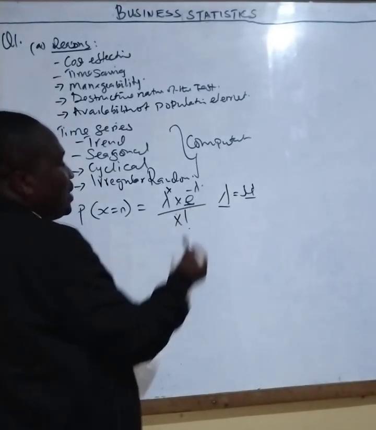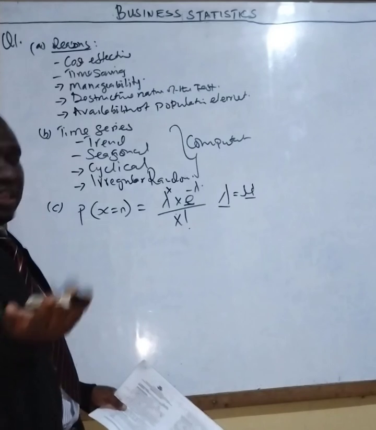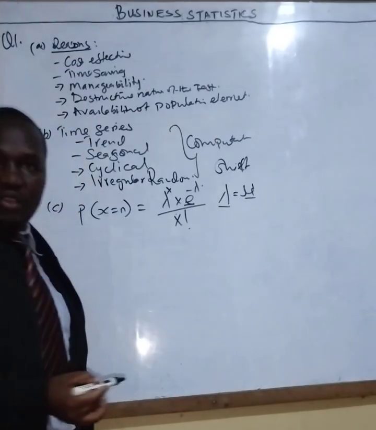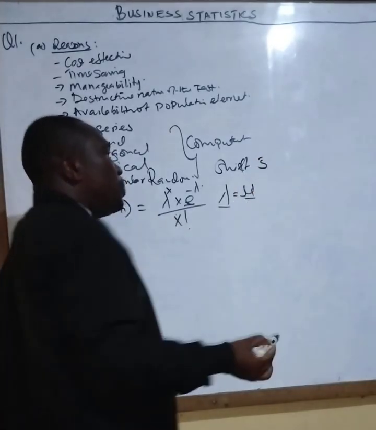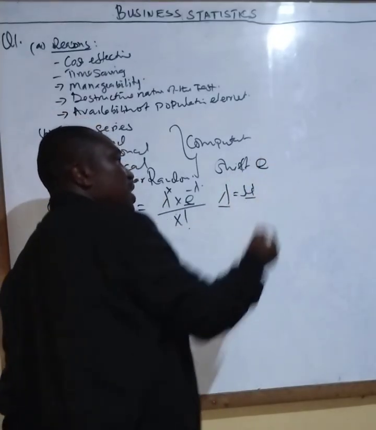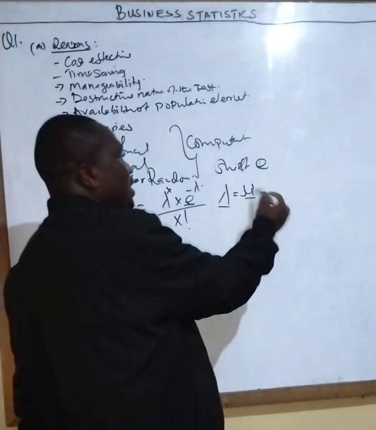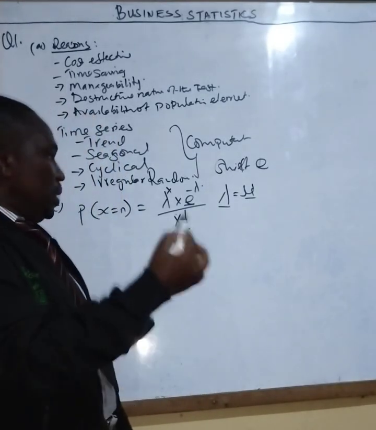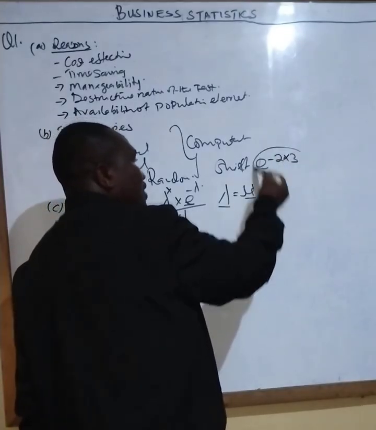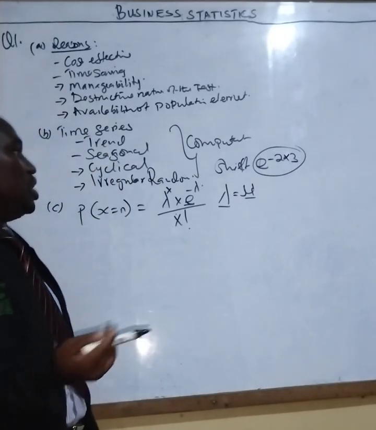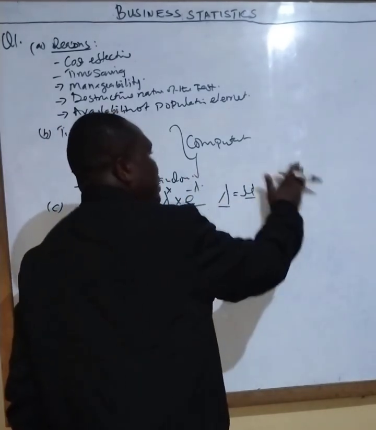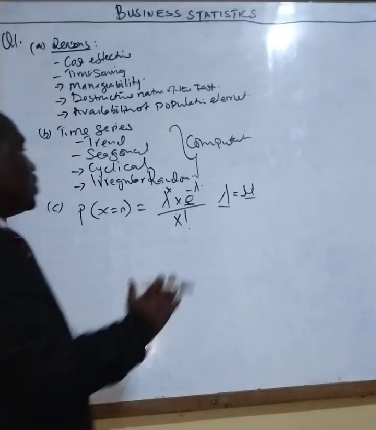And e is a natural number found in your calculator: you press shift, then press E, and it automatically displays. Once it is displayed, you put your figures there. If it is negative 2.2 times 3, it will give you the same result as we learned in class. If you have a problem with the shift key, kindly reach out to us.